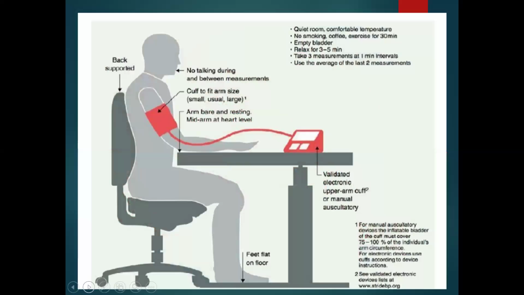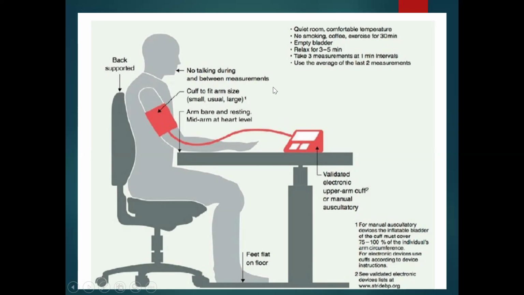How do we measure the blood pressure? This is the standard recommended by the Federal Minister of Health. The patient will have to sit with the back supported, no talking during and between the measurements. The cuff must fit the arm size, and the arm bare and resting at mid-arm at the heart level.